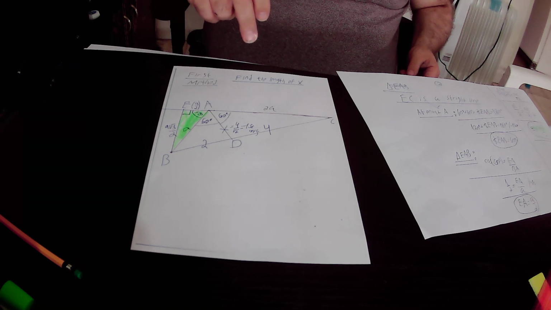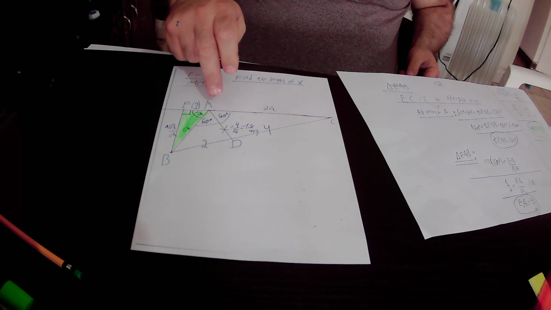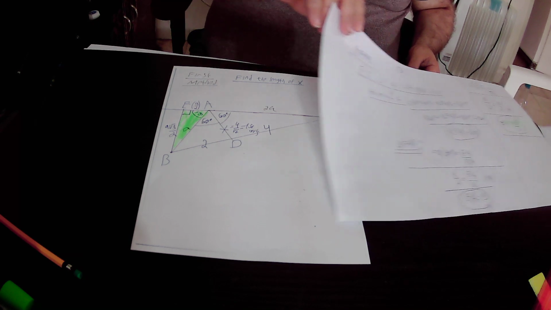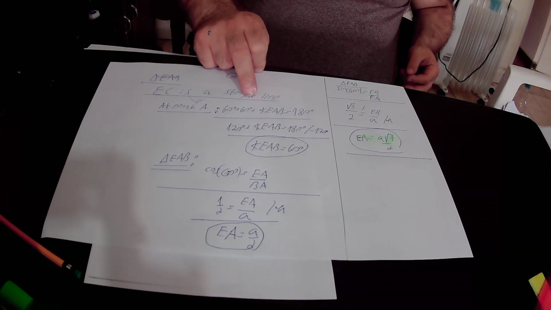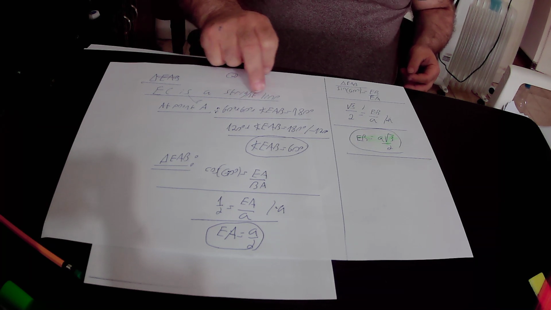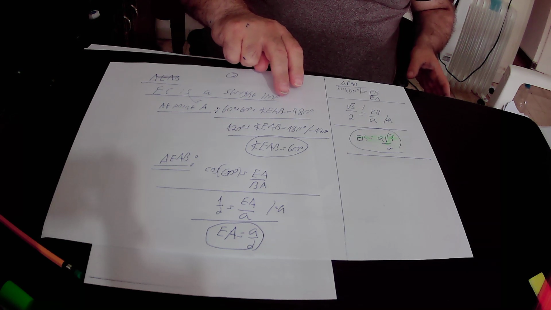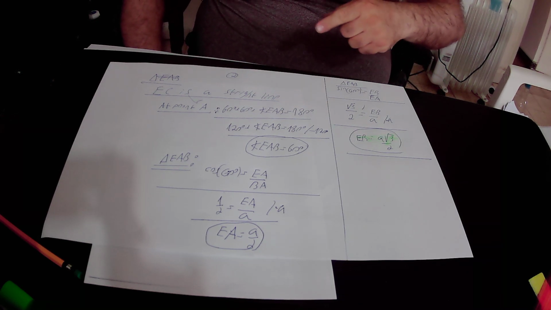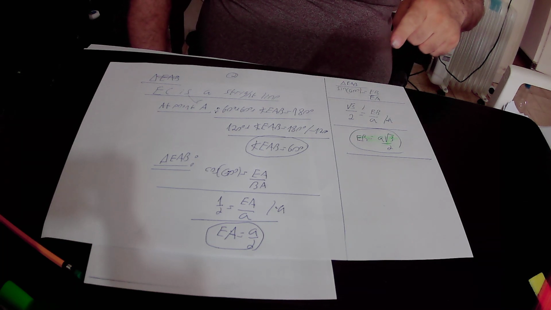So which angles do we have on the lower side of EC at point A? We have 60 degrees plus 60 degrees plus angle BAE. In total, the sum of those three angles must be equal to 180 degrees, according to the rule that I mentioned. 60 degrees plus 60 degrees is 120 degrees, so 120 degrees plus angle BAE equals 180 degrees.